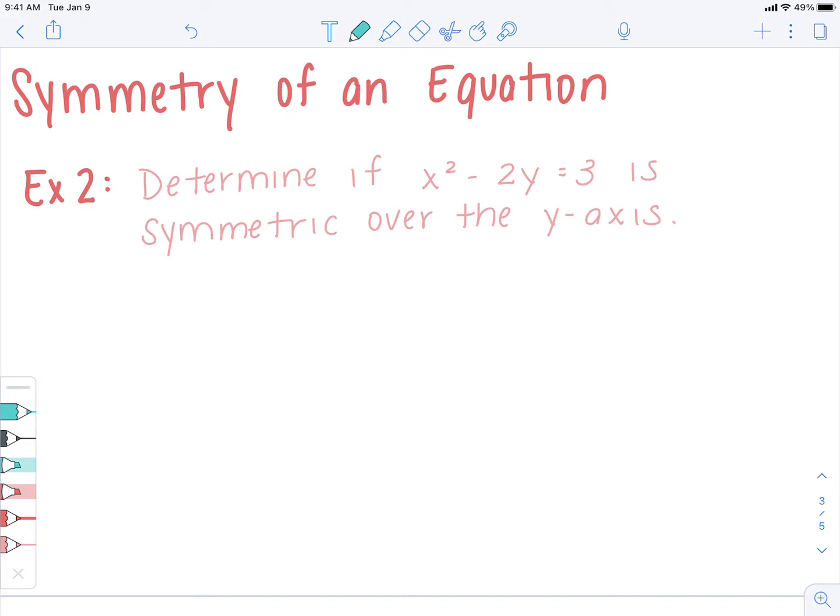Now, instead of memorizing those, I just like to think about it. I say to myself, okay, if I'm talking about a graph that's symmetric over the y-axis, that means it's like my parabola, right? And if I have a point on my parabola in the first quadrant, it's going to be (x, y). I also have to have a point in my second quadrant.